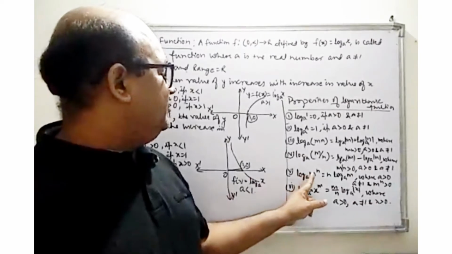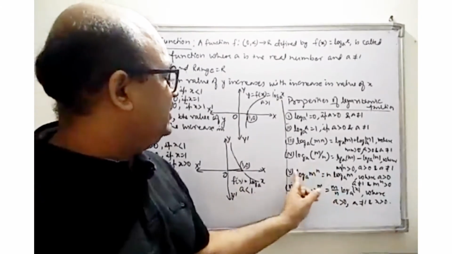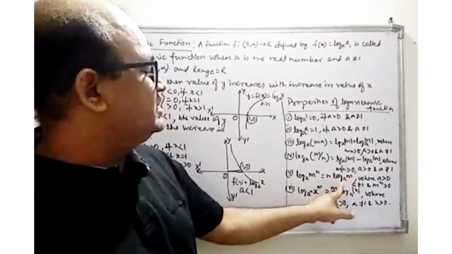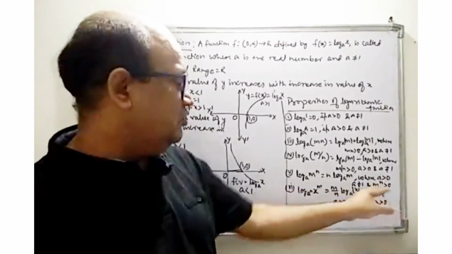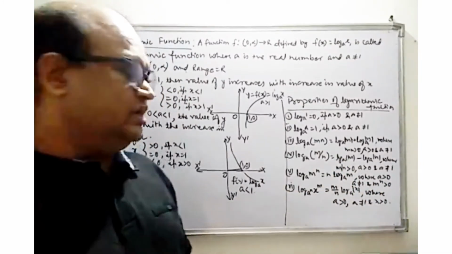Same, log m to the power n to the base a, that is n will come here, n log m to the base a, where a is greater than 0, m to the power n is greater than 0, and a is not equal to 1.